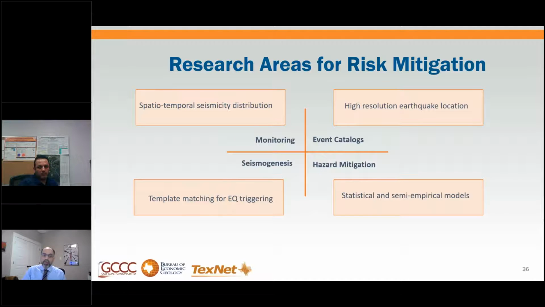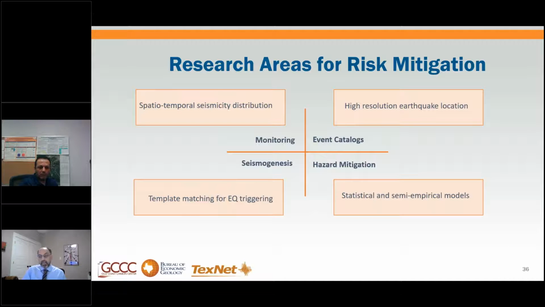It is pretty common when you have a triggering system that the seismicity will not stop only in one cluster, so it will most likely migrate to other areas. That is something we see a lot in saltwater disposal induced seismicity, not so much, of course, in fracking induced seismicity.